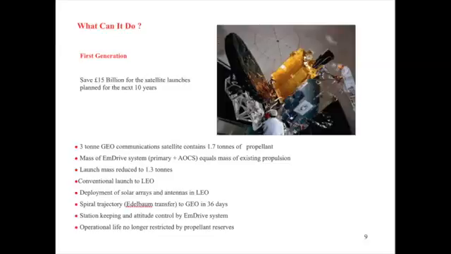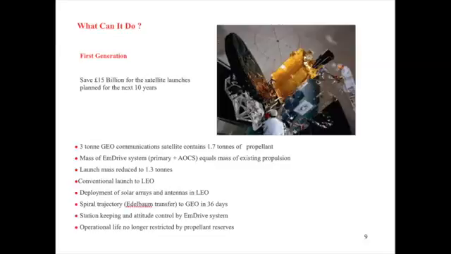So you've got your arrays deployed, you've got power feeding now into the EmDrive propulsion system, and you can use the thrust to spiral out from LEO to GEO using so-called Edelman transfer in typically 36 days.